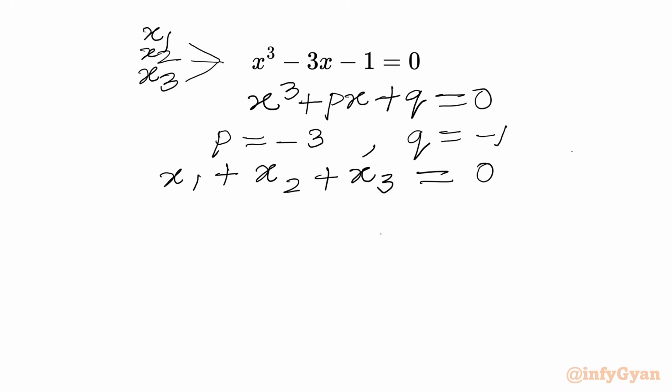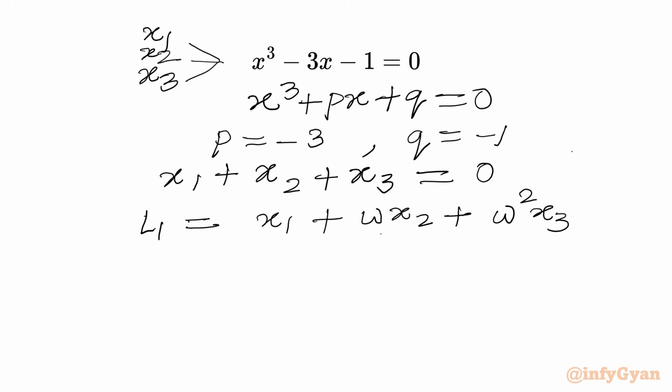Now we have to find the Lagrange resolvents L1 and L2. Any linear combination of roots of this cubic equation with the cube roots of unity, which is 1, omega, omega square, creates Lagrange resolvents. So let me write here L1. It is equal to x1 plus omega x2 plus omega square x3.